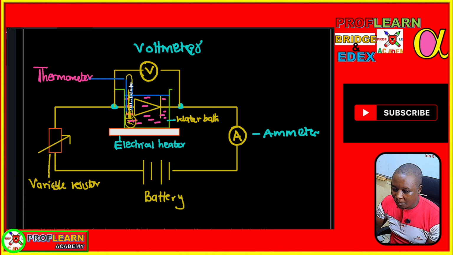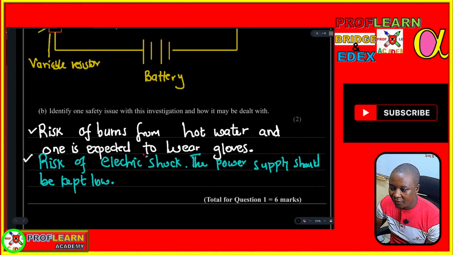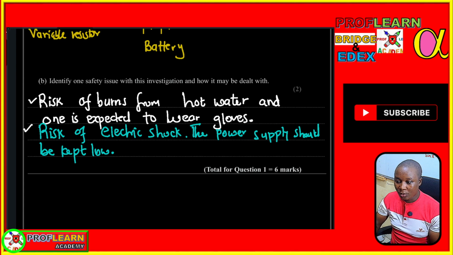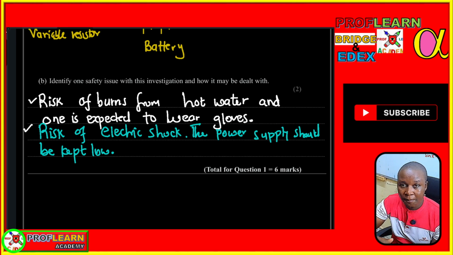Right. So moving down, you may be asked to identify the safety features. You are going to be asked questions to do with safety and the precautions you are going to take. For instance, if you have to connect electrical components, the hazard there is a risk of getting an electric shock, right?